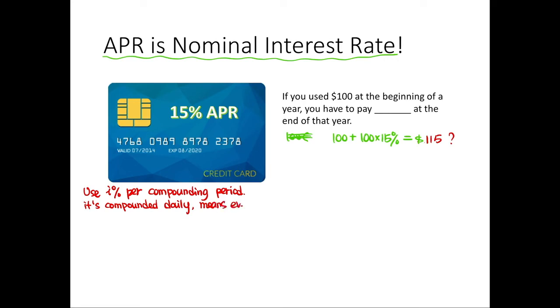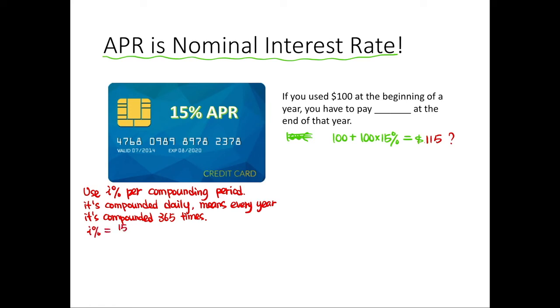Compounded daily means every year it's compounded 365 times. So now what is the interest rate per compounding period?